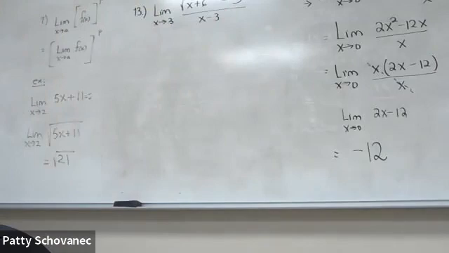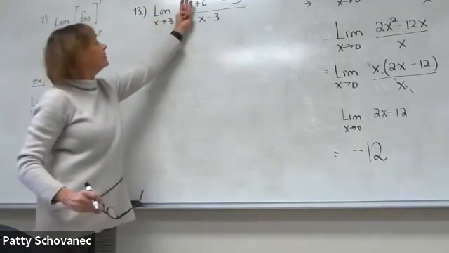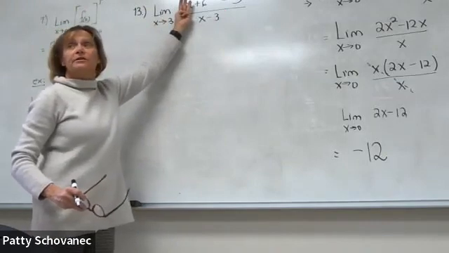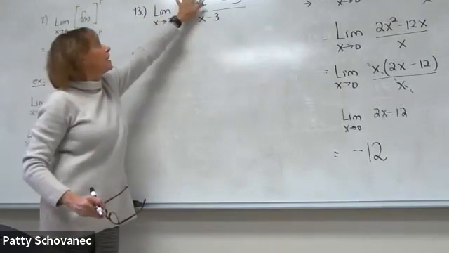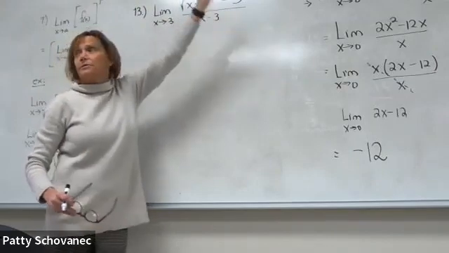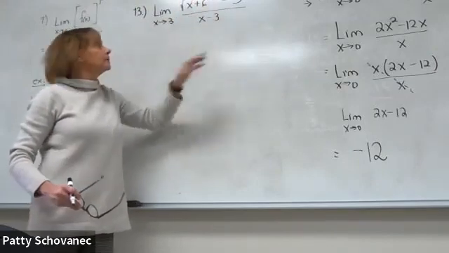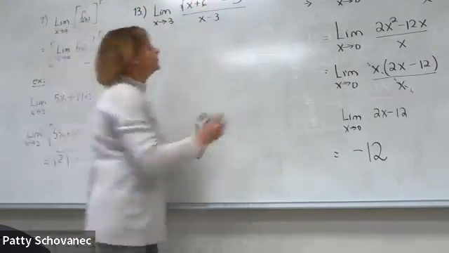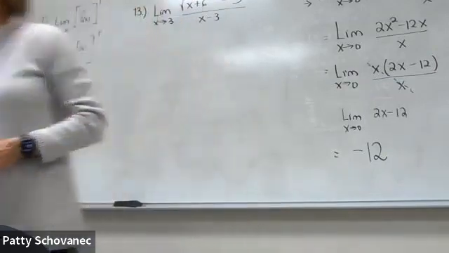X is going to 3, so I'm going to put a 3 here. 6 plus 3 gives me 9. Square root of 9 is 3. 3 minus 3 is 0 on top. 3 minus 3 is 0 on the bottom. Got to do more.